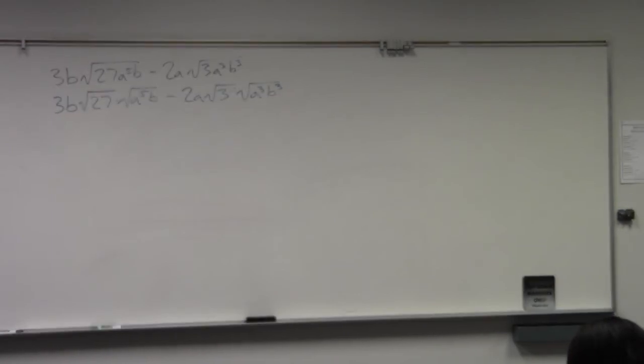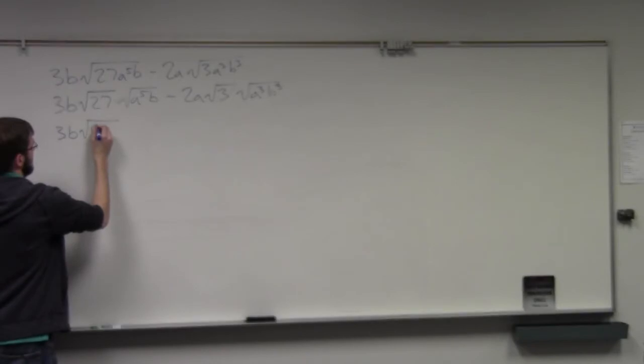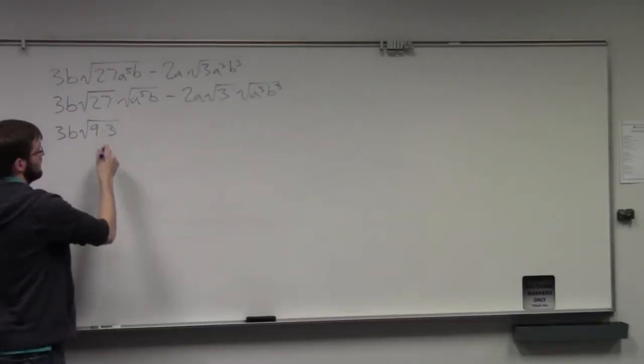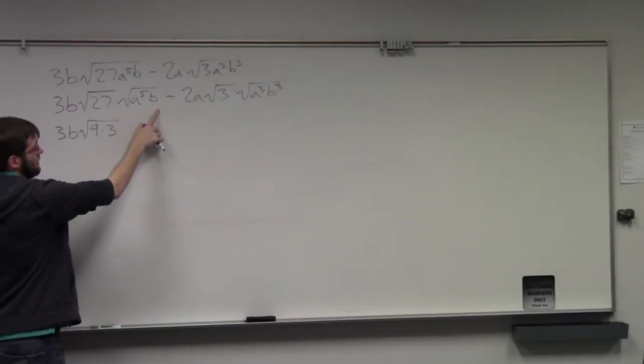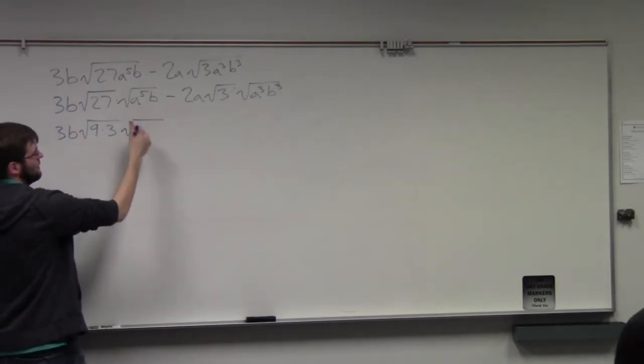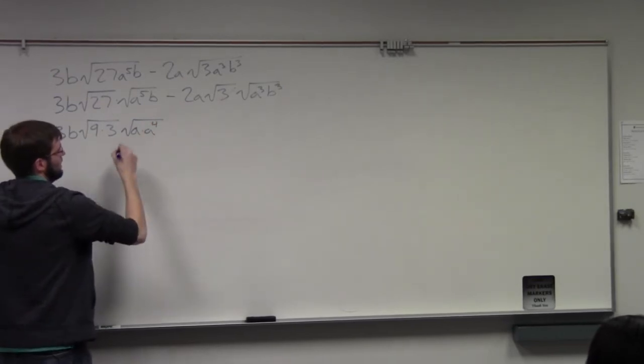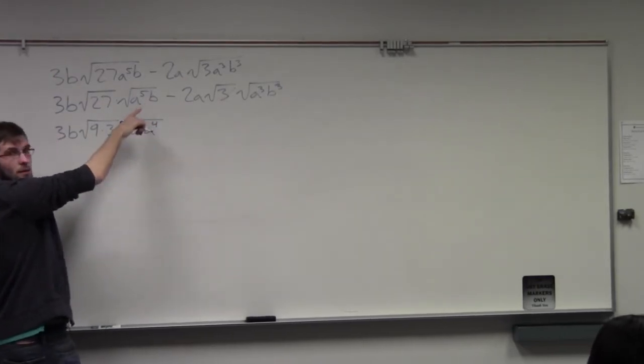All right. How can I break down 27? So 9 times 3. So are all these even? No, they're not even. So I need to take an a out of here. I have 4 a's left. Can I take a b out of here?